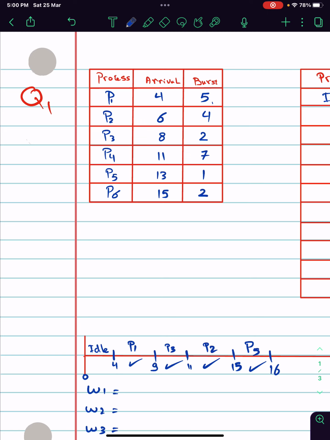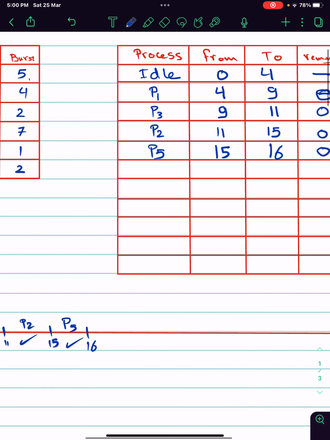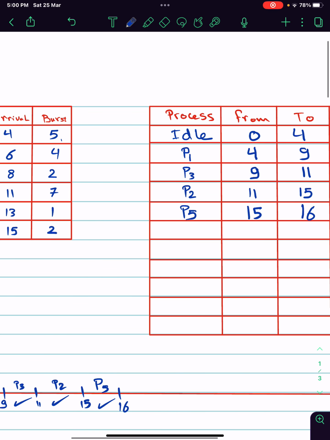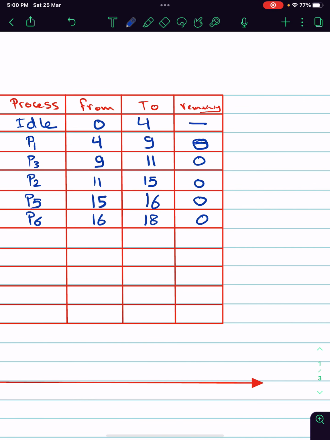Then the next candidate to be chosen is P6 because it has a burst of 2, while P4 has a burst of 7, correct? So we're going to run P6, starting from 16 all the way to 18 as the burst is 2 and there's no remaining time.